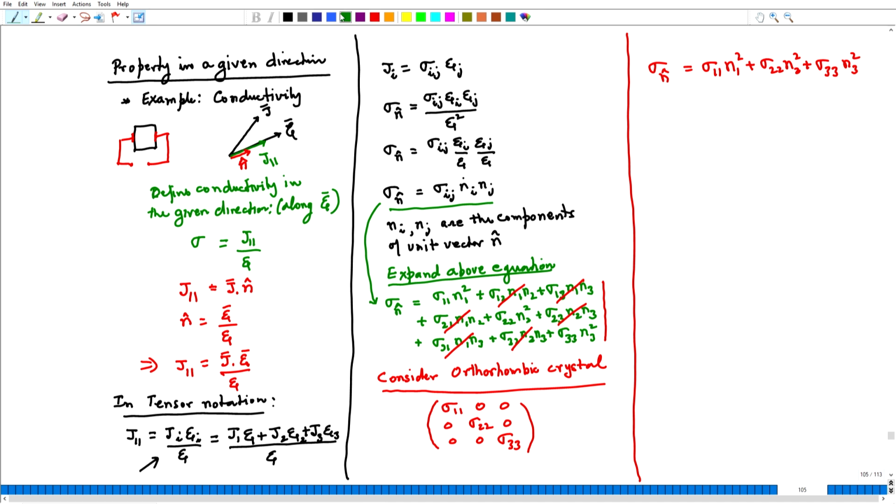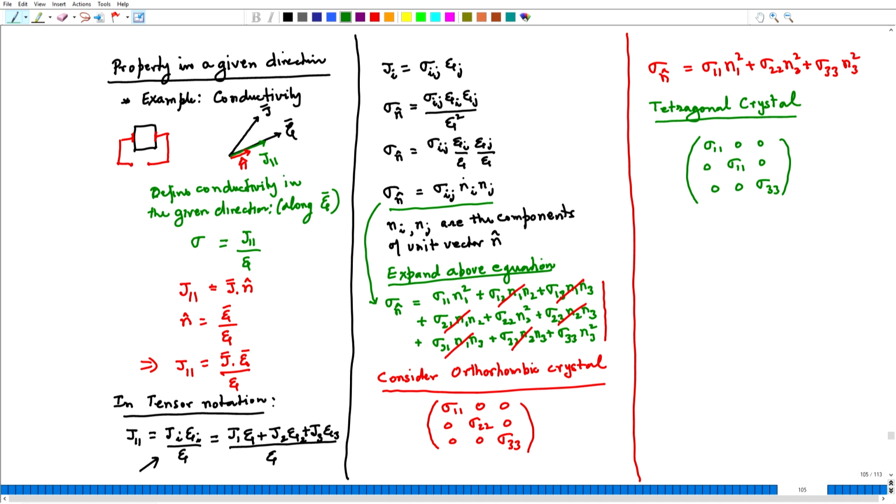Now, let us consider the case of a tetragonal crystal. In the case of a tetragonal crystal, the tensor is sigma 1 1, 0, 0; 0, sigma 1 1, 0; 0, 0, sigma 3 3.